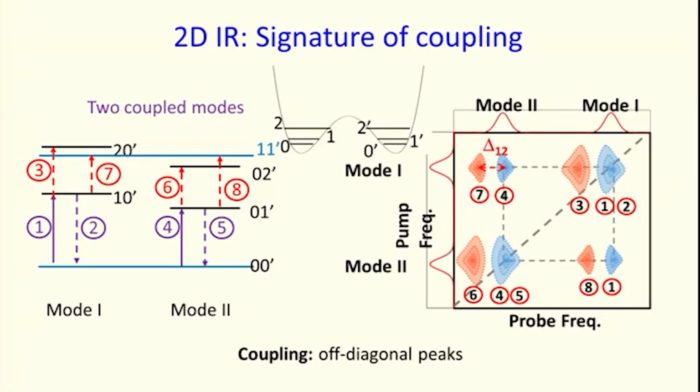If we have off diagonal peaks, that means the two modes have coupled, very similar to 2D NMR spectroscopy. And if we extrapolate further and interpret a little more, that can give us an idea of the structure. So the take home message is that an off diagonal peak in a 2D IR spectrum is a signature of coupling. Great.